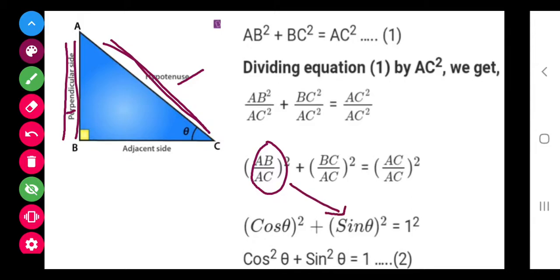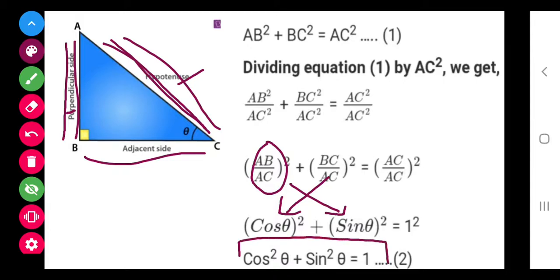But BC and AC, that is base upon hypotenuse, is cos theta. So finally we have deduced that sine square theta plus cos square theta is equal to 1.